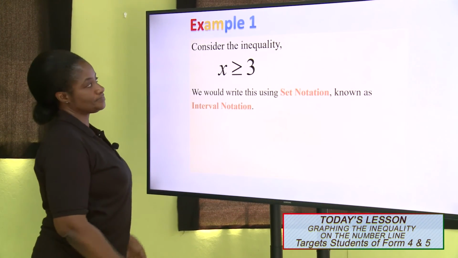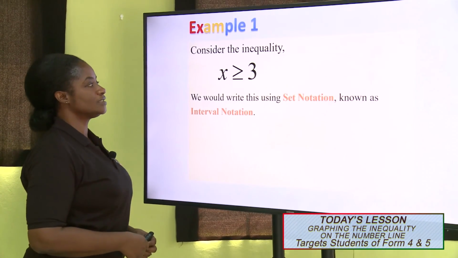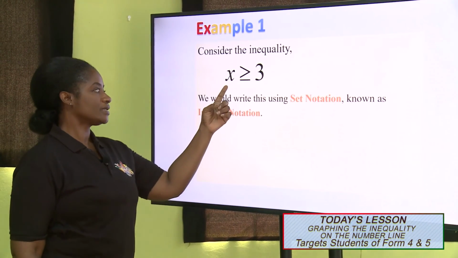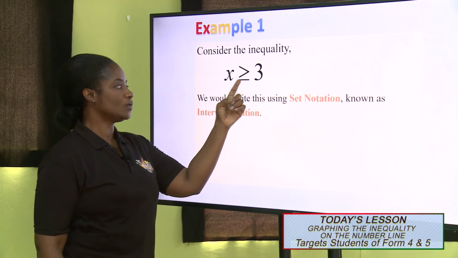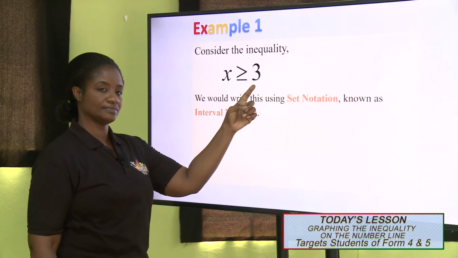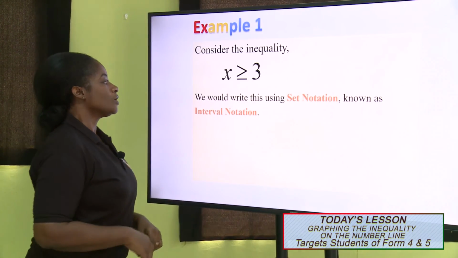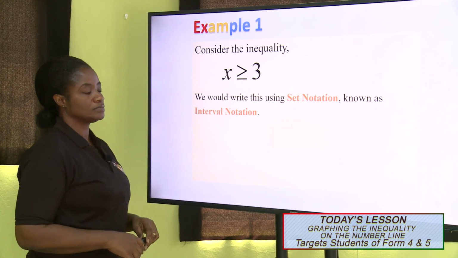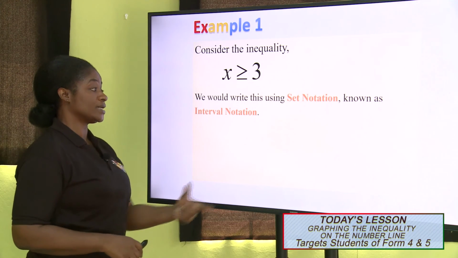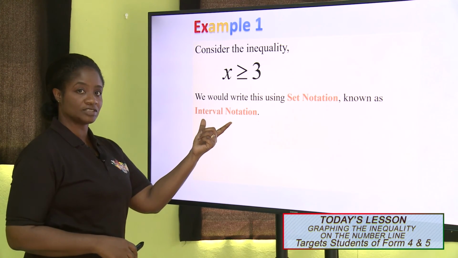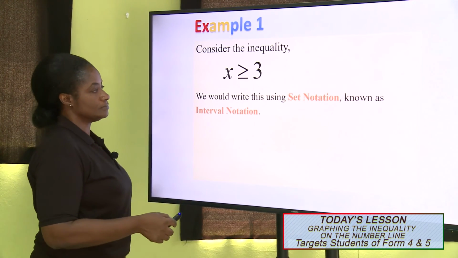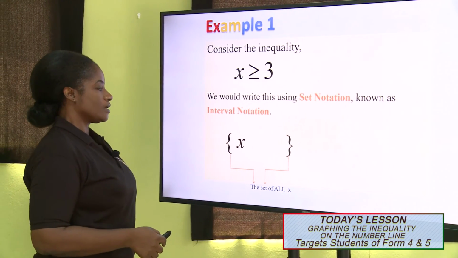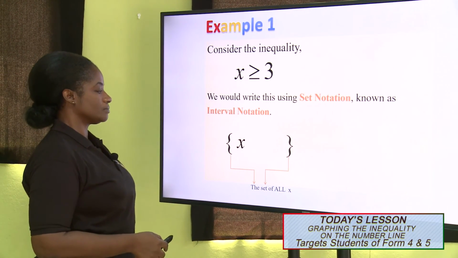First example. Consider the inequality x is greater than or equal to 3. We would write this using set notation, which is also known as interval notation. It is written in this way.